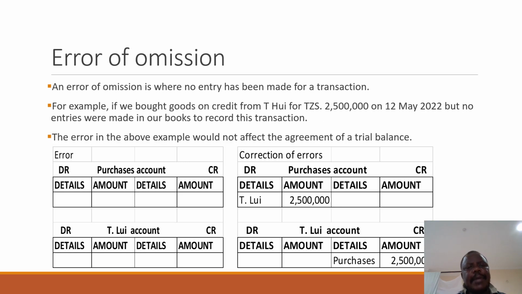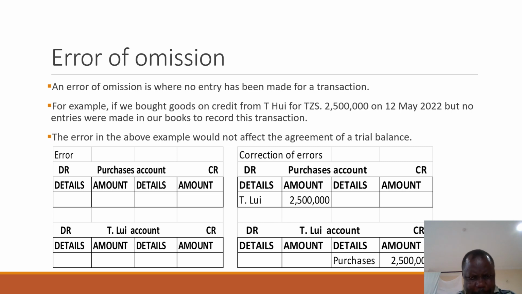Then we have the error of omission. This is where no record has been entered regarding a transaction. So if no record has been written for the transaction, this won't affect the agreement of our trial balance. For example, if we bought goods on credit from Louis for 2,500,000, but no entry was made in our books to record this transaction.